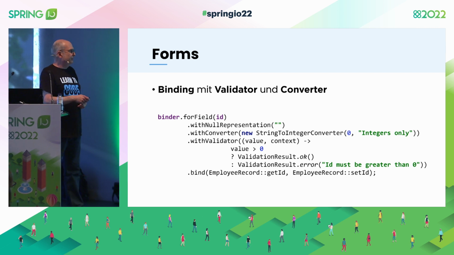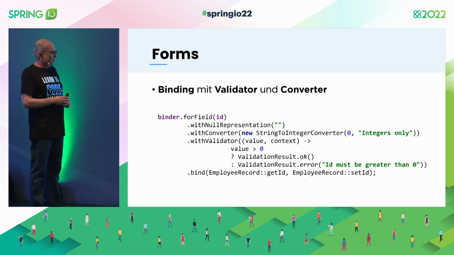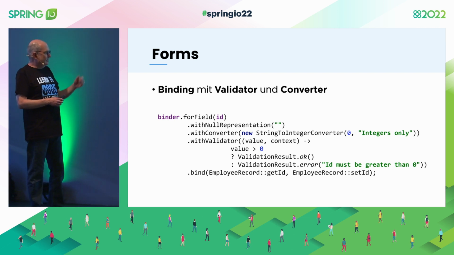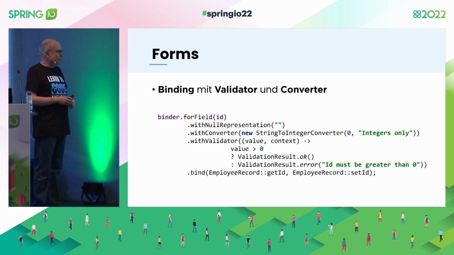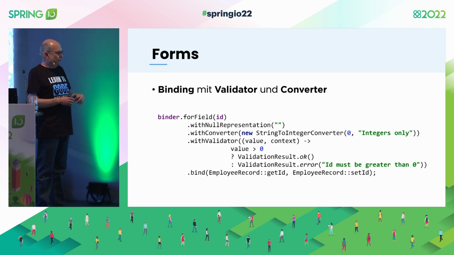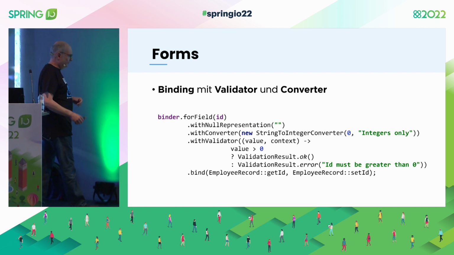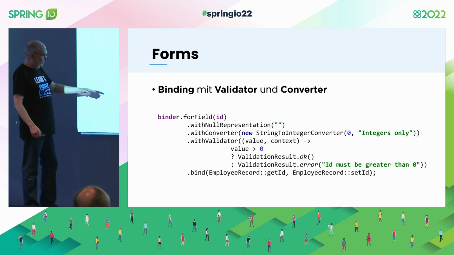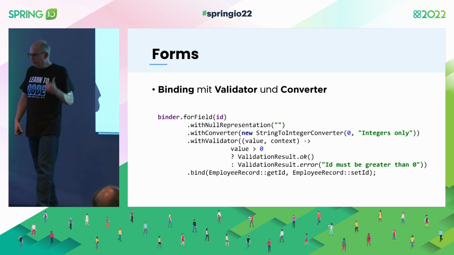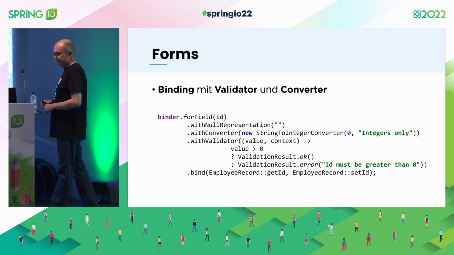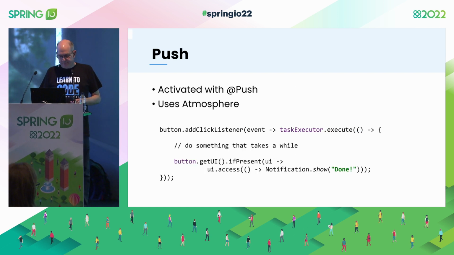And there you can have a converter. There are some pre-made converters like this string to integer converter, or we can have a validator. There are also already pre-made validators, and then you can do whatever you want. And finally, you bind getter and setter of the employee record in that case to the field.